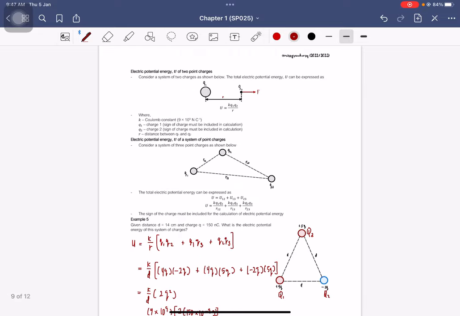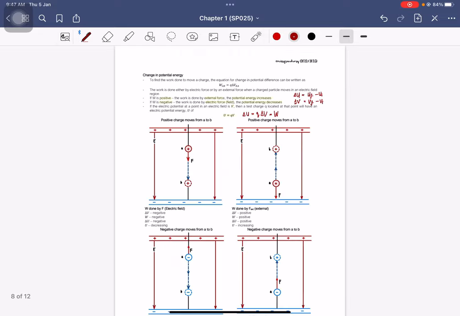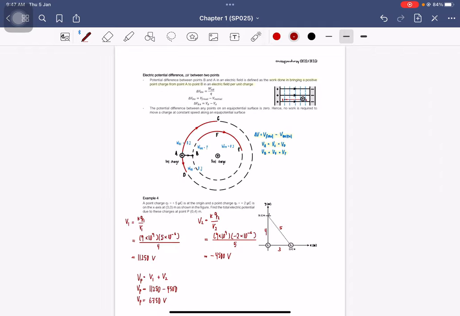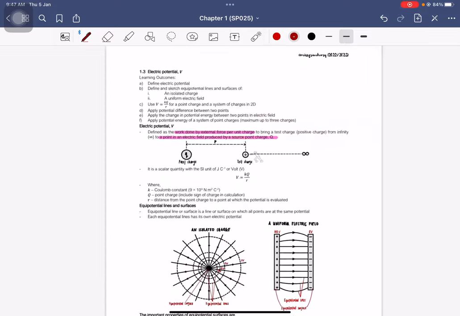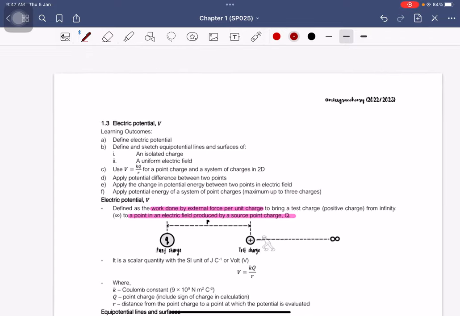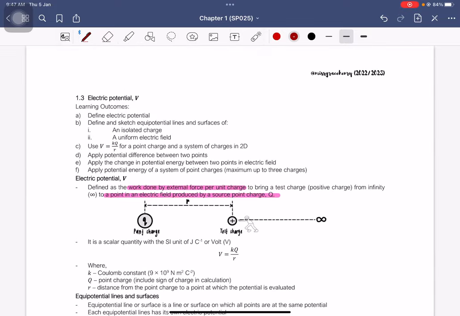And that is basically our third subtopic. I would say it is quite confusing, not as straightforward as our first and second subtopics, but in this case what we need to know is we need to be able to use this equation here, and we have to include the sign of the charge.